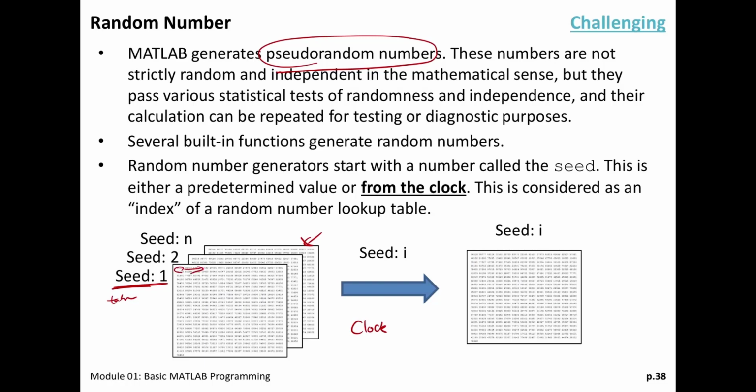That's why whenever you run your software, the clock is different, the time is different. This means that it reads a different random number table and then reads the values. That's why it looks like MATLAB generates a random number, although it's a pseudo-random number.